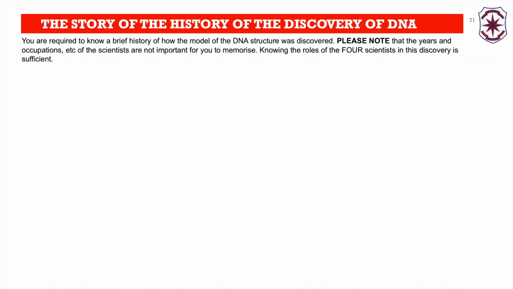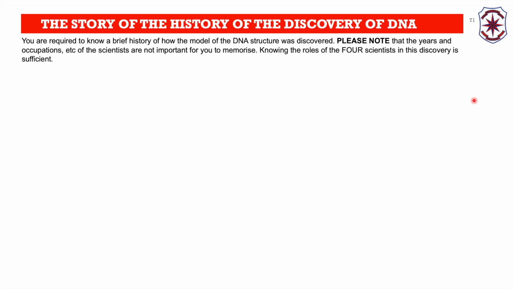On this slide, we will be looking at the story of the history of the discovery of DNA. Like I said in the previous slide, the social aspect of this brief history of the discovery of DNA is not important. Things like the years and the places of occupation and the like are not important.